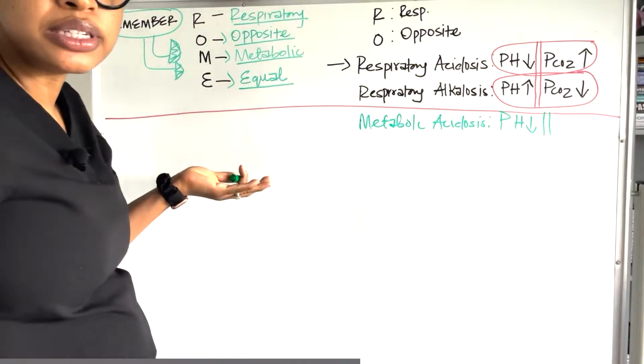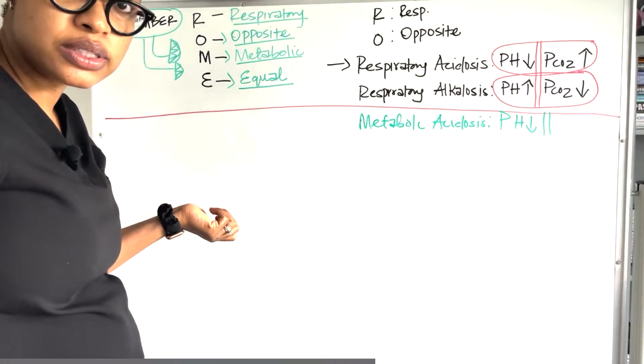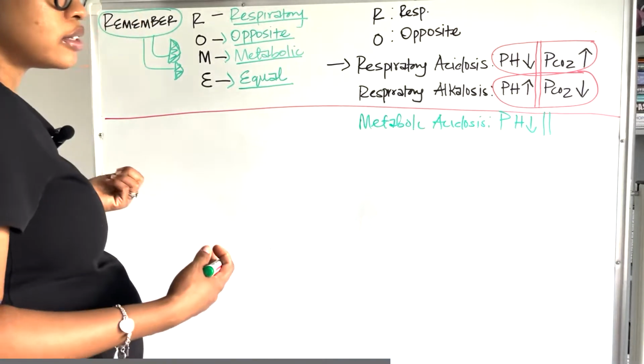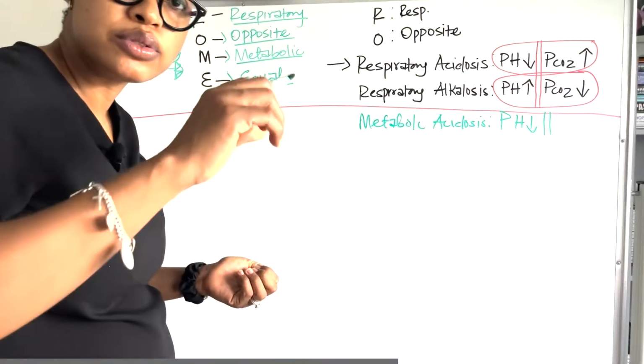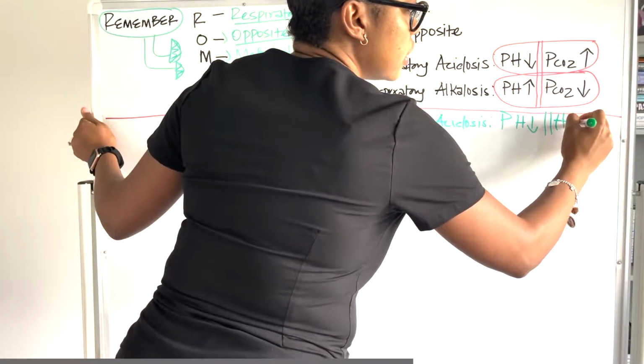But what's happening to the bicarbonate when there's acidosis? We have too much of the acid, right? So we have too little bicarbonate. So HCO3 is also low.